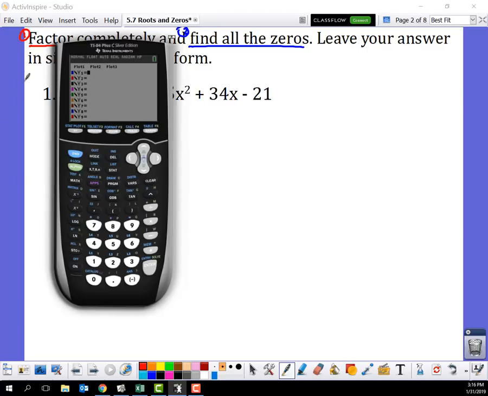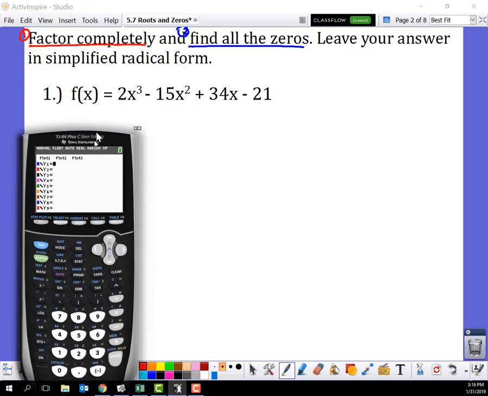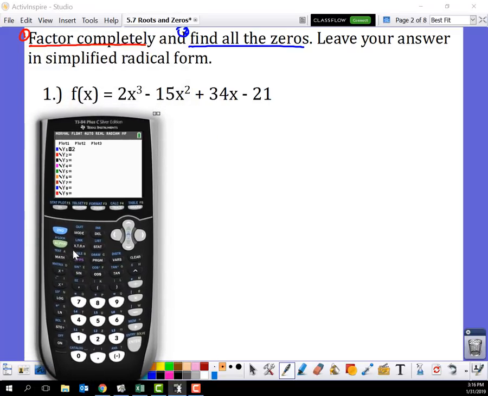So as I pull my calculator out, I'm going to graph 2x to the third minus 15x squared plus 34x minus 21.